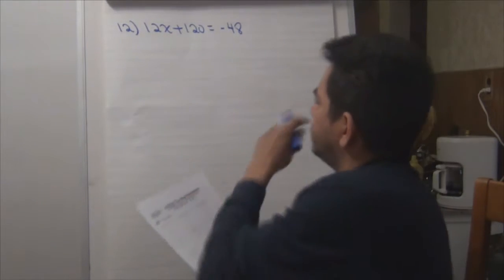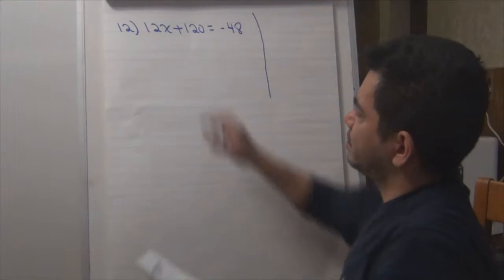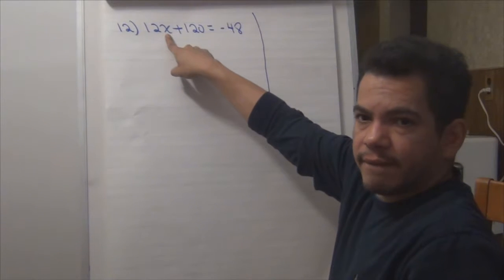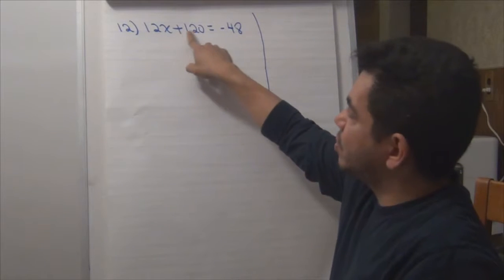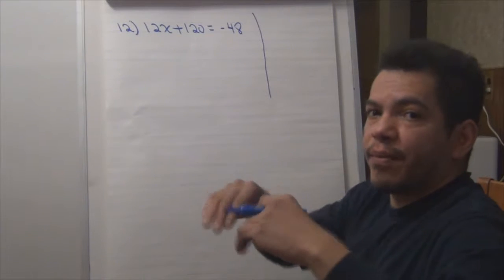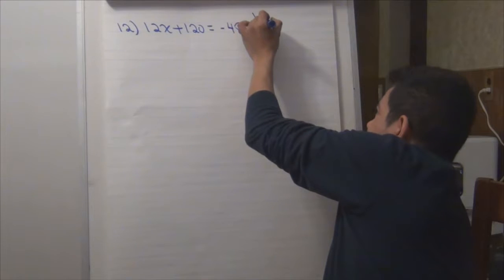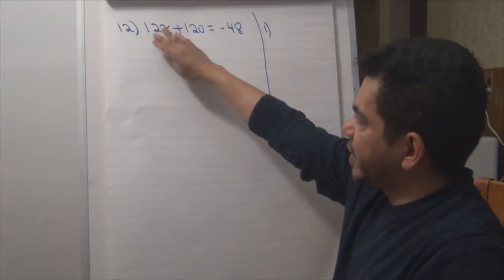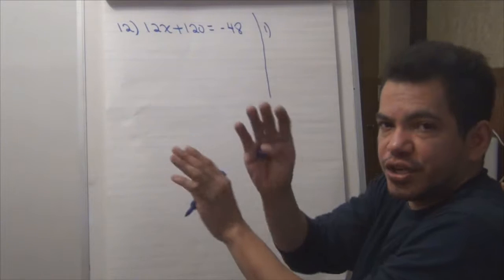All right. So let's see what's going on here. How many operations are involved? Well, I see a multiplication by x, and I also see an addition of 120. So all I have to do is undo that. But remember, we're using academic vocabulary. When we have two operations like multiplication and addition, we're going to backtrack, reverse engineer.